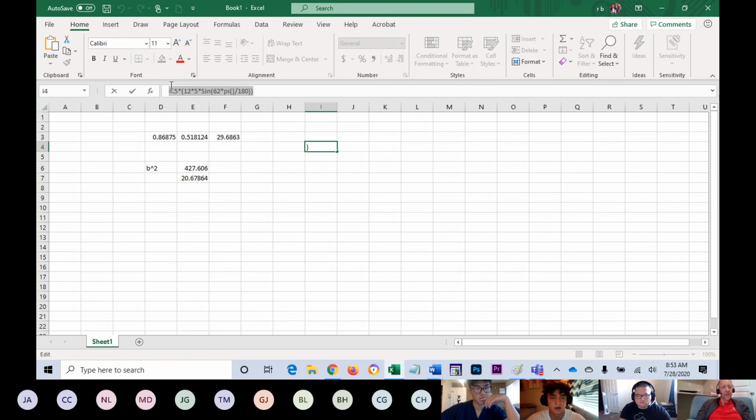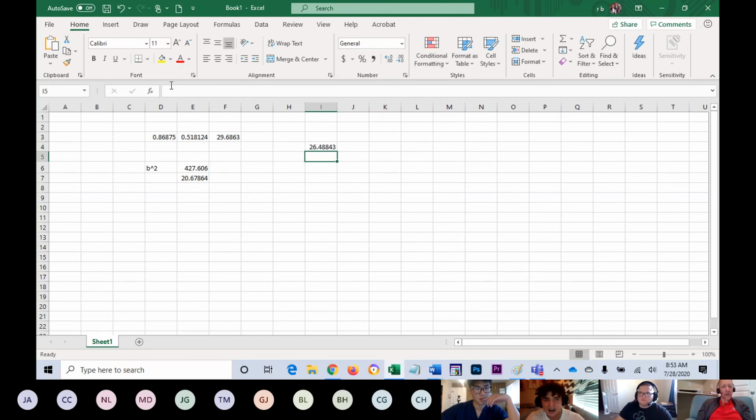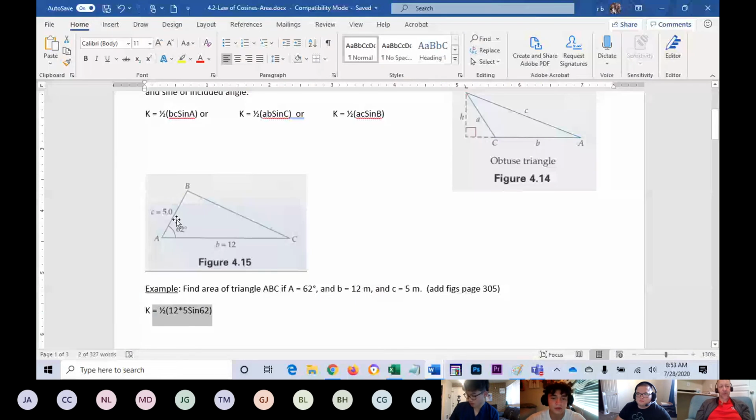It's reading this as text for some reason. There we go, that worked that time. I had a space in there. So 26.488. We don't have any units on there, but if that was inches, it would be square inches. So 26 square meters.